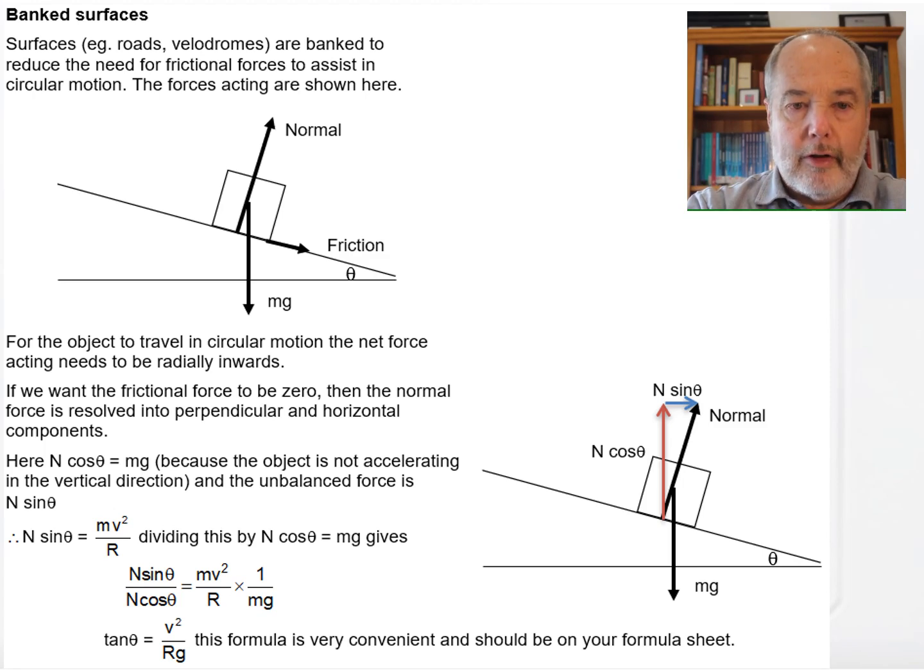If we rearrange those, we can get the formula that tan of theta is equal to v squared over rg. This is a really useful formula and should be on your cheat sheet, but be very careful making sure that you understand this formula only works for banked curves and for conical pendulums.